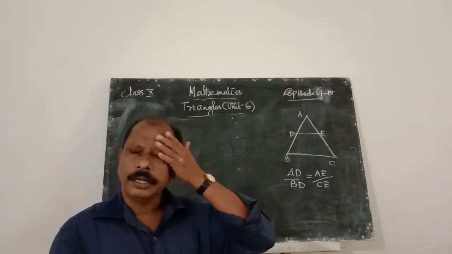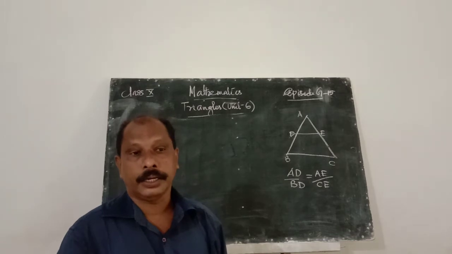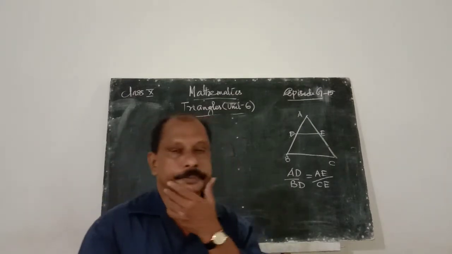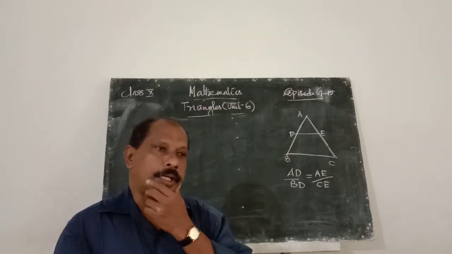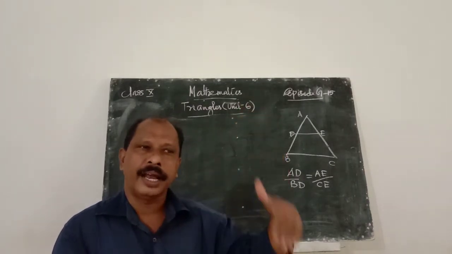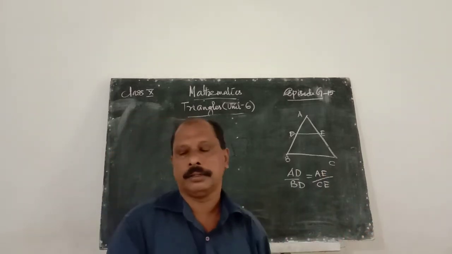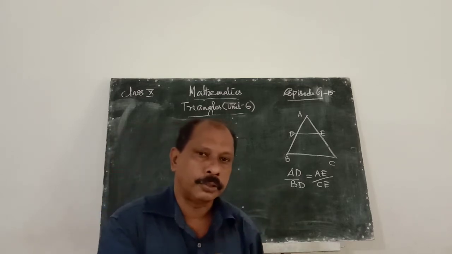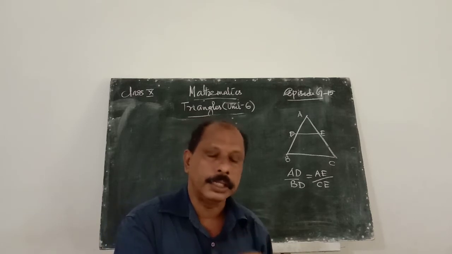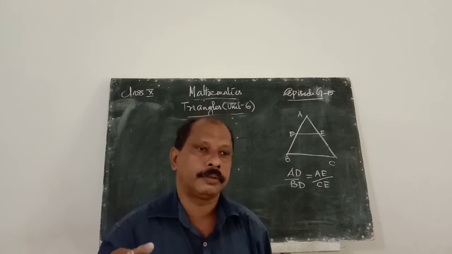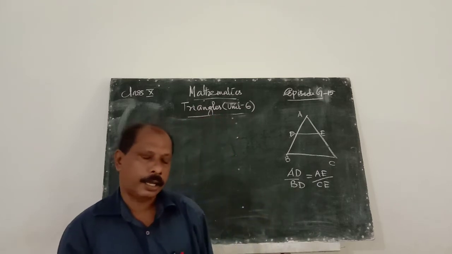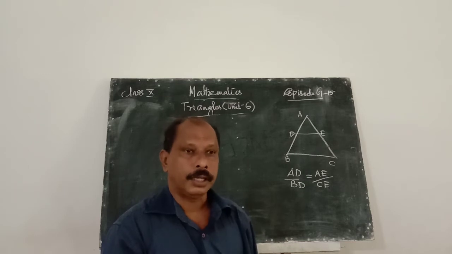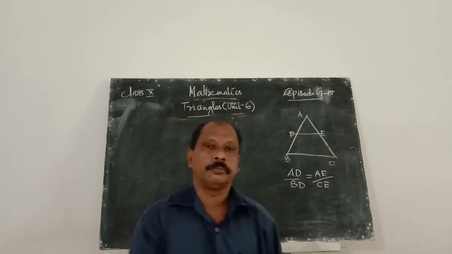Therefore, area of triangle ADE by area of triangle BDE, with the same side AB, is equal to half into AD into altitude EN, by half into BD into perpendicular EN.